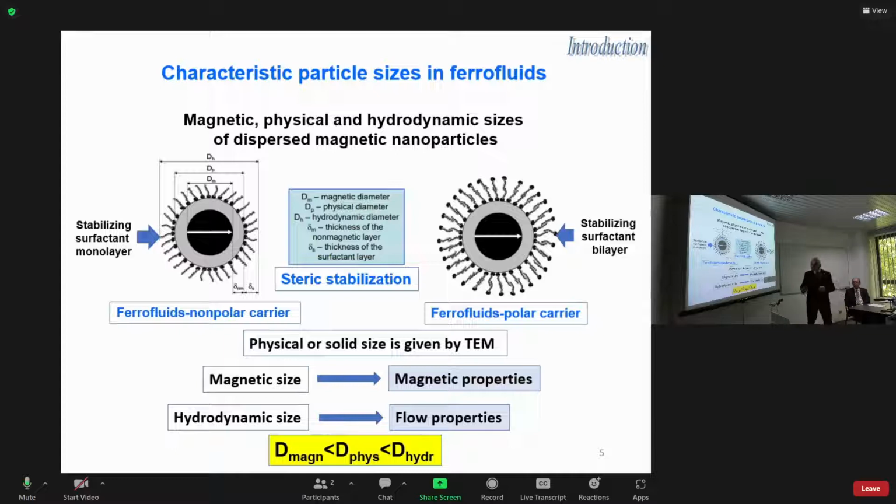So we have the so-called physical size, which we can see on the transmission electron microscopy, and the magnetic size, which is smaller. You can see it here. And the third one is the size together with the outer layer, the so-called hydrodynamic diameter, because of course the surfactant layer moves together with the particles. So these three sizes are very important in the behavior of a magnetic fluid, a ferrofluid.